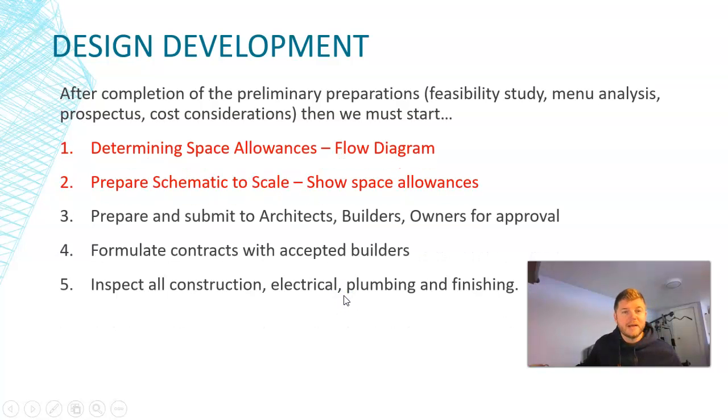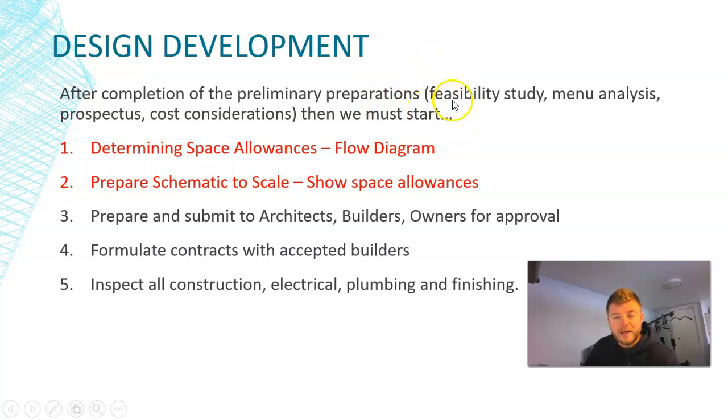So when it comes to the design development, we're looking at determining space allowances and preparing a schematic to scale. We want to show those space allowances. After the completion of those preliminary preparations, feasibility, menu analysis, prospectus, cost, then we can start doing the actual design.